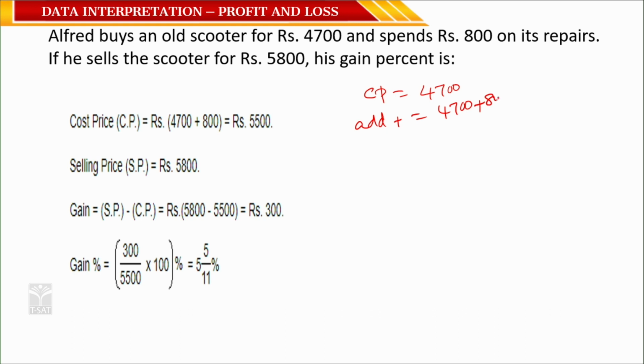So, 4,700 plus 800 is 5,500. And what is the gain here? Gain is selling price minus cost price.